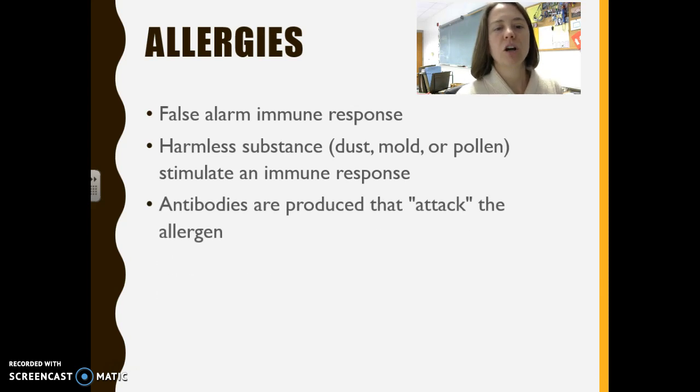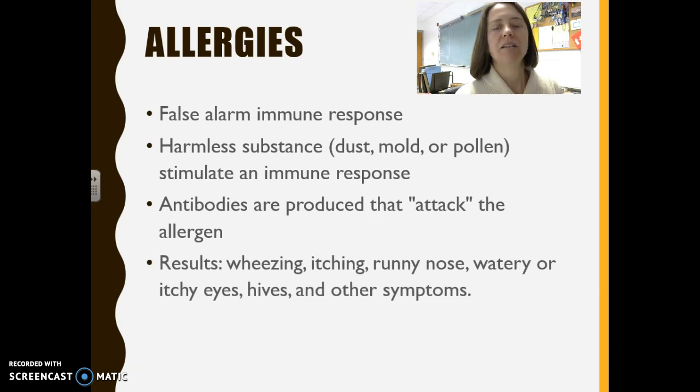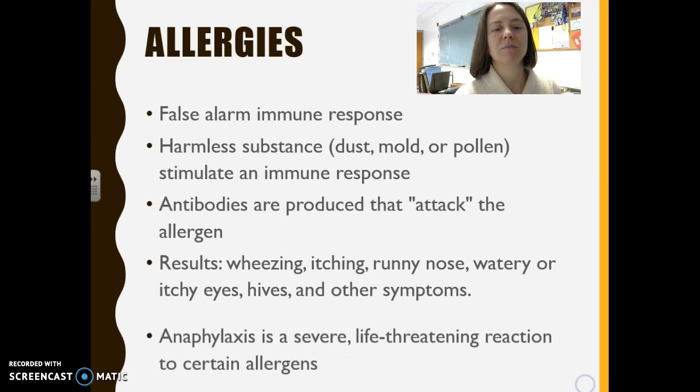So antibodies are produced that attack the allergen, but like I said, that wasn't an allergen that was going to hurt your body. So what are the results? You have a lot of inflammation, you have wheezing in your lungs, itchy, runny nose, watery, itchy eyes. You may have hives or other symptoms.